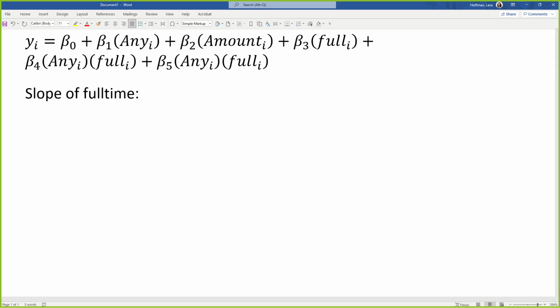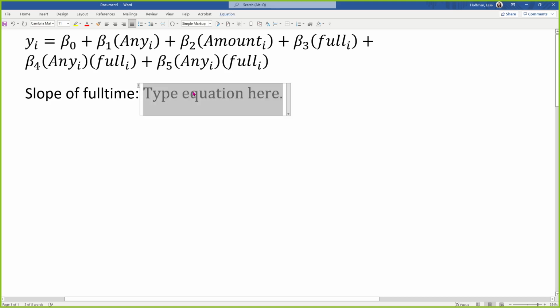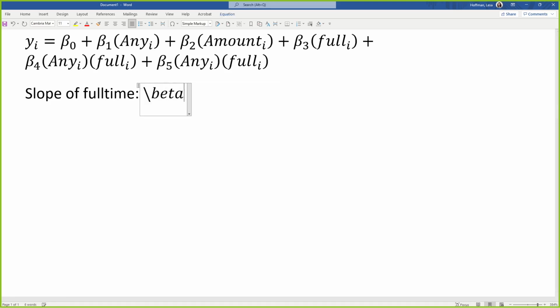When you extract all the... find everything that has full-time in it. So this will probably be easier if I just type. So we got beta 3, and we've got beta 4.